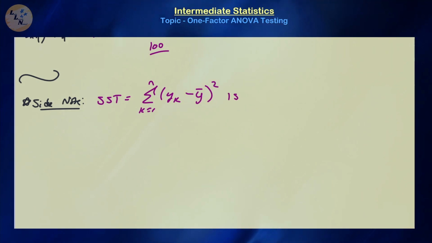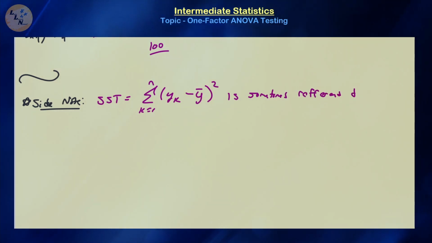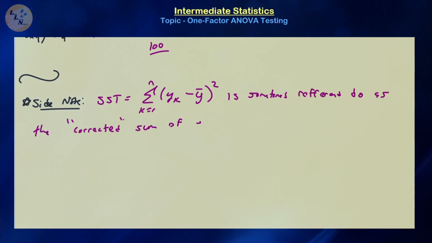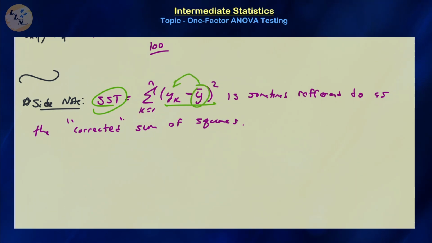This is sometimes referred to not just as the total sum of squares, but as the corrected sum of squares, because notice that it's not really a sum of squares, it's a sum of squared differences. So the use of the words total sum of squares is not actually good. It's a corrected sum of squares. That is, we're subtracting the mean from each of the values which we are technically interested in squaring.